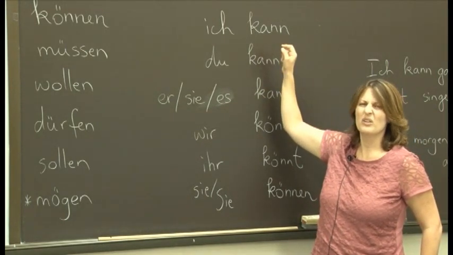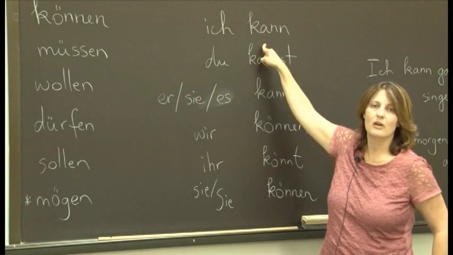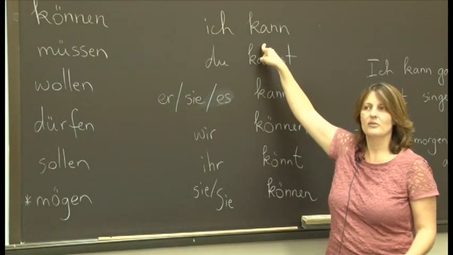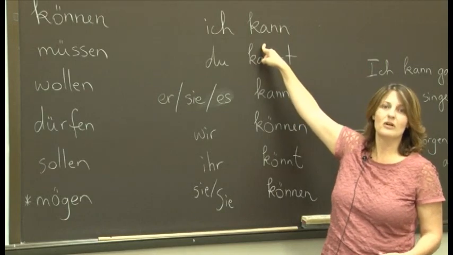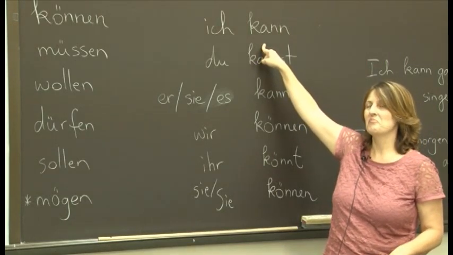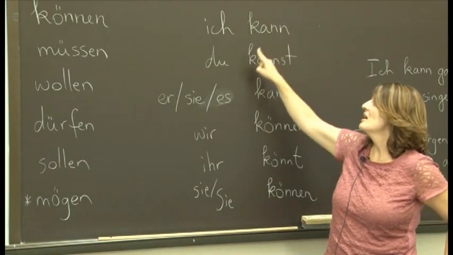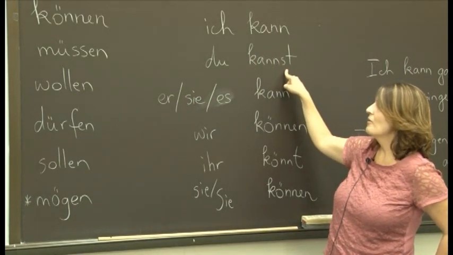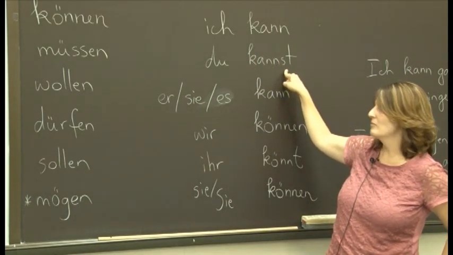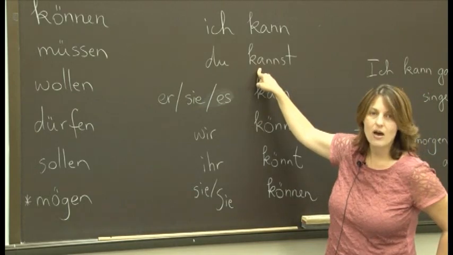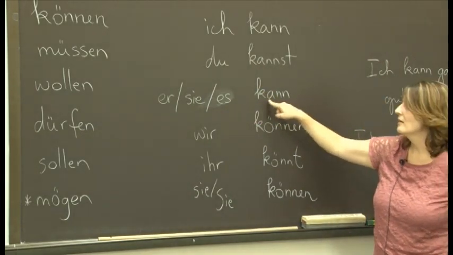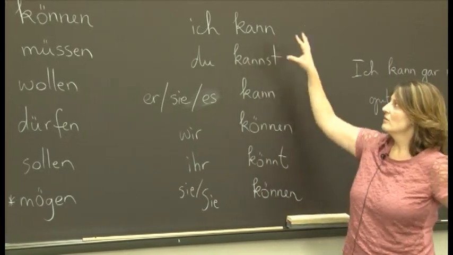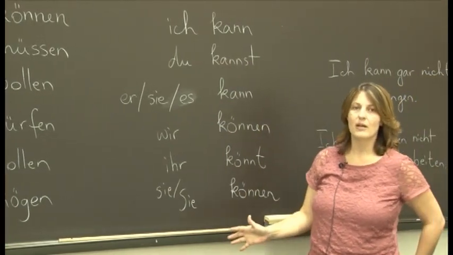Ich kann, not ich könne. Ich kann gut, was kann ich gut? Nicht viel. Ich kann gut, ziemlich gut kochen. Ziemlich gut. Pretty well, yeah? Und du kannst. Now we have the ST ending that we would expect, but still a vowel change. Er kann, sie kann, no T ending, vowel change. So the singular is completely irregular.